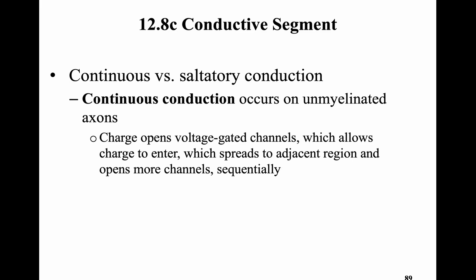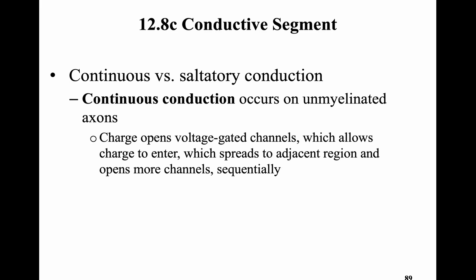Right? So unmyelinated neurons are gray. Well, they have what's called continuous conduction. And because they're unmyelinated and because it's continuous conduction, it's going to move very slowly. So continuous conduction will be found in unmyelinated neurons in the gray matter, and it's going to move slowly.